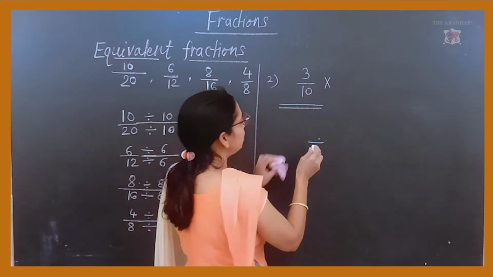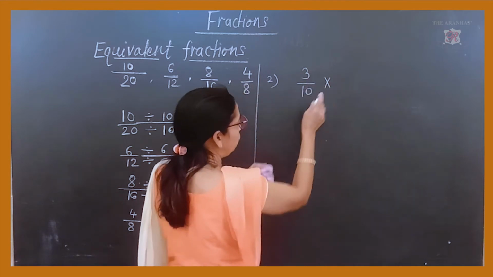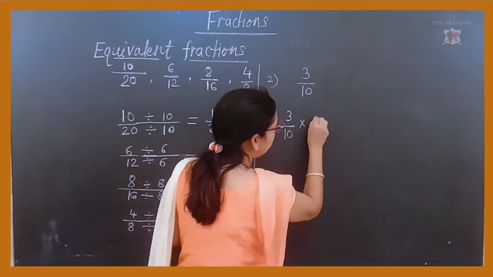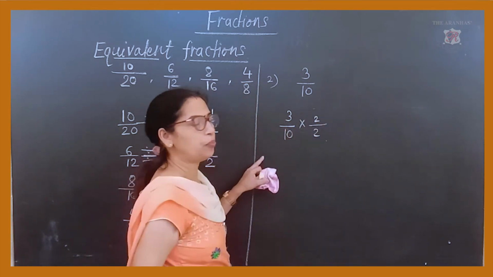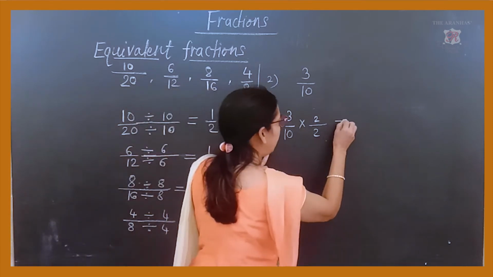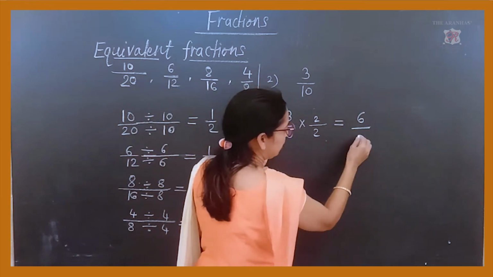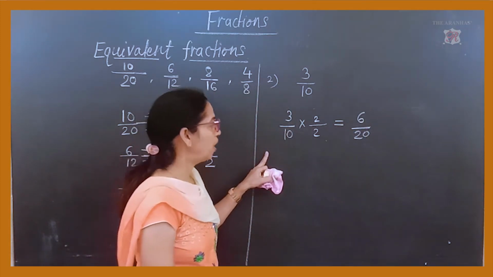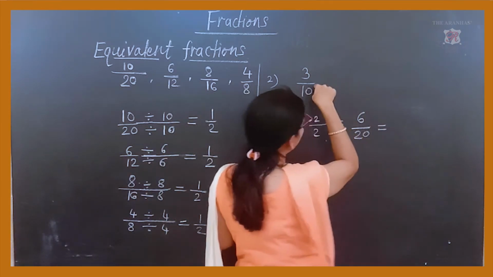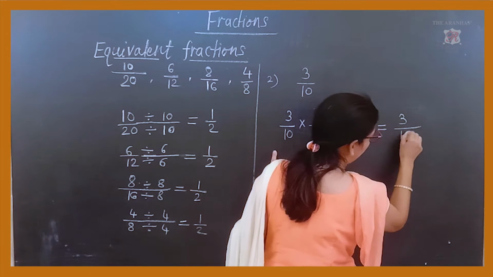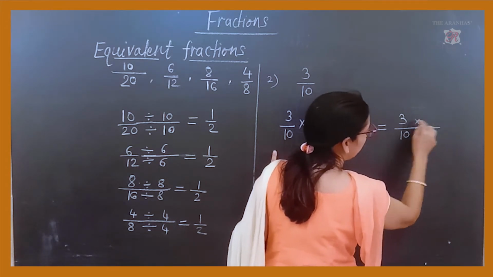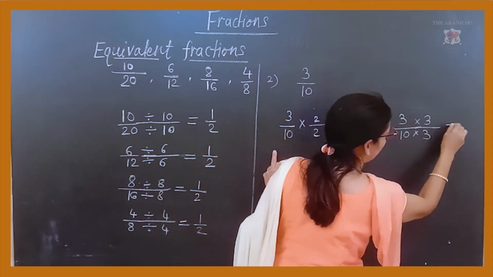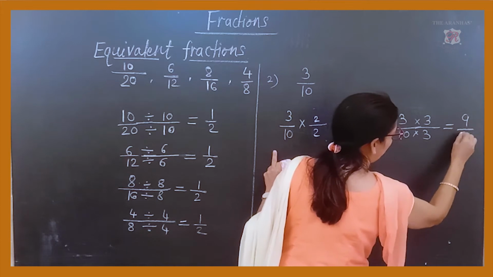So suppose you have the fraction 3 upon 10, and we multiply both the numerator and the denominator by 2. Then the next fraction is 6 upon 20. Again, if you take 3 upon 10 and multiply both the numerator as well as the denominator by 3, you will find the fraction 9 upon 30.